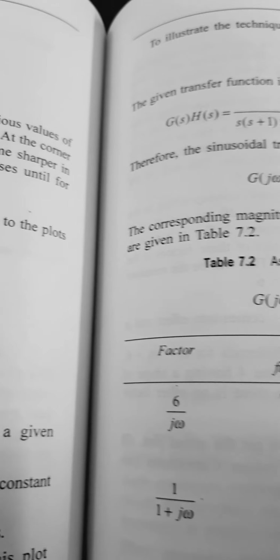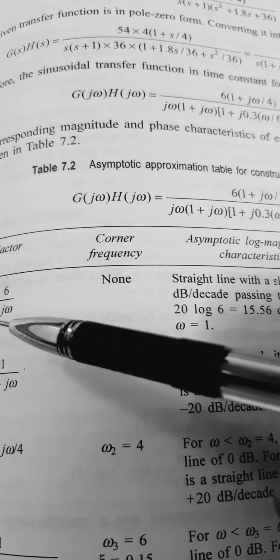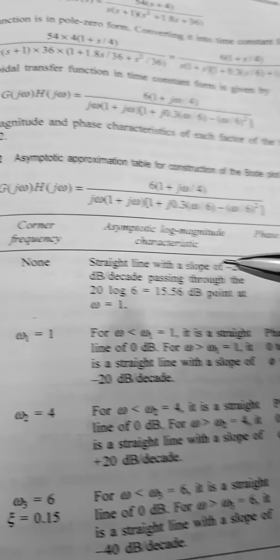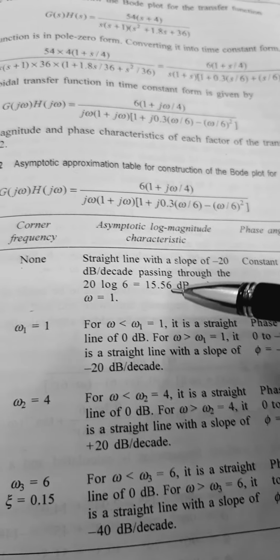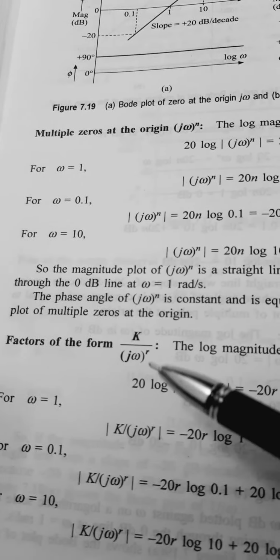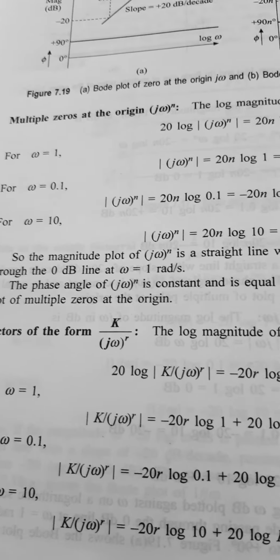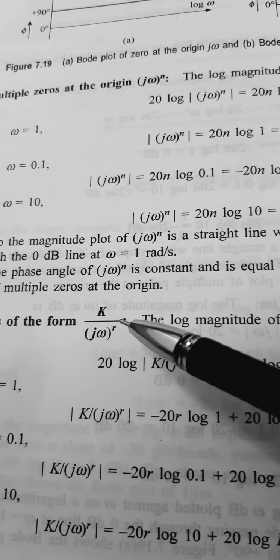Now when you have a term like 6 by j omega, we already studied that it gives a straight line with a slope of minus 20 dB per decade. Here in our case 6 by j omega, r is 1.